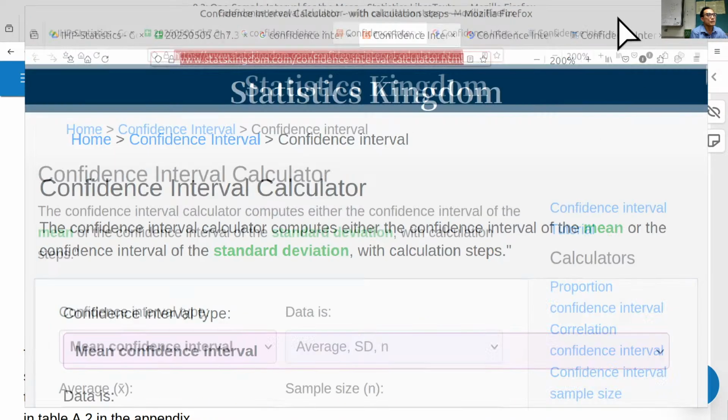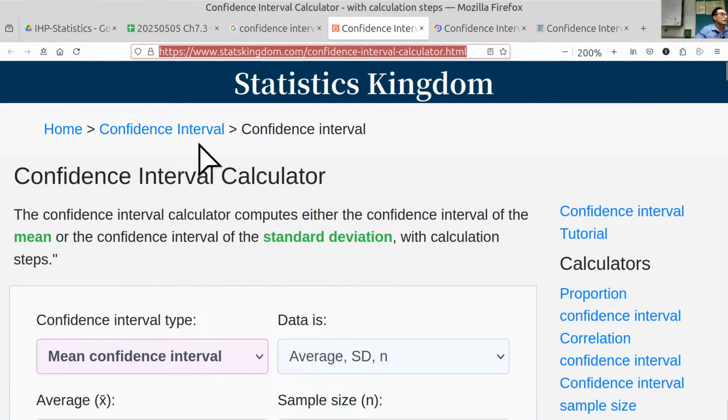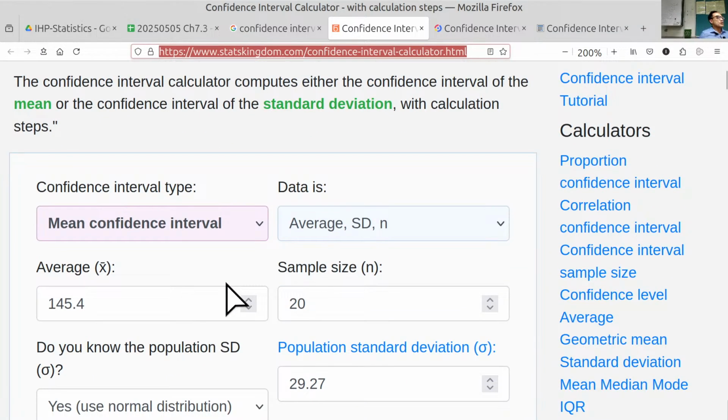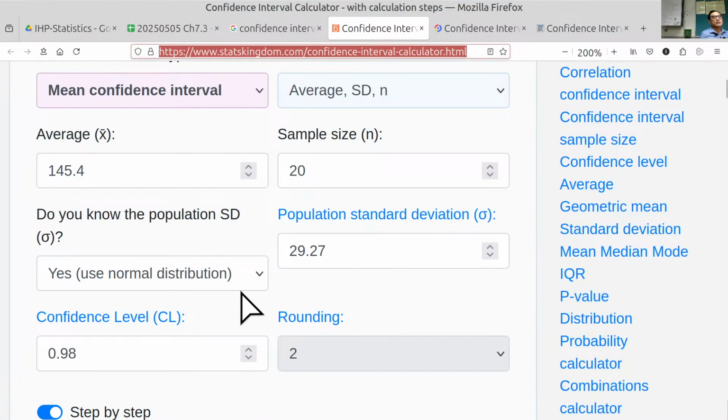For example, if I use this website application, I just type in the information from the question.